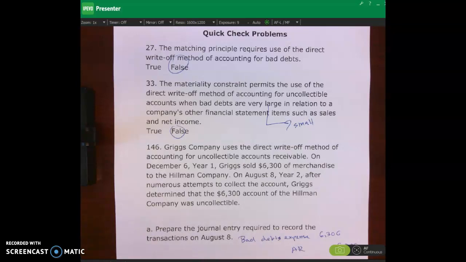We could use the direct write-off method even though it violates the matching principle if the amount of bad debts expense is small, if it doesn't make an impact on someone's assessment of the financial statements, meaning it's immaterial. If it's material, which means it's a big dollar amount, and somebody says, well, if I would have known that, I never would have bought stock in the company, then you can't use the direct write-off. You have to use the allowance method, which we'll talk about in the next lecture video.